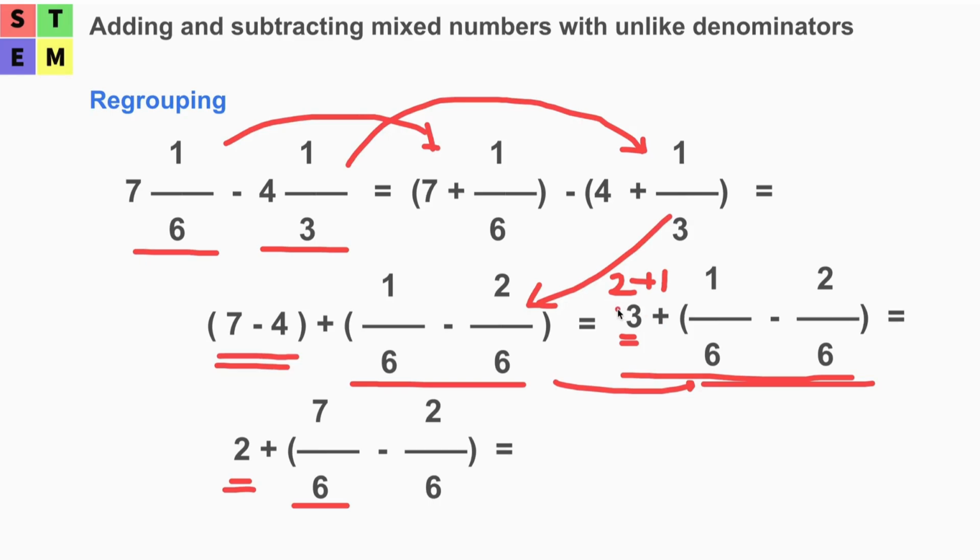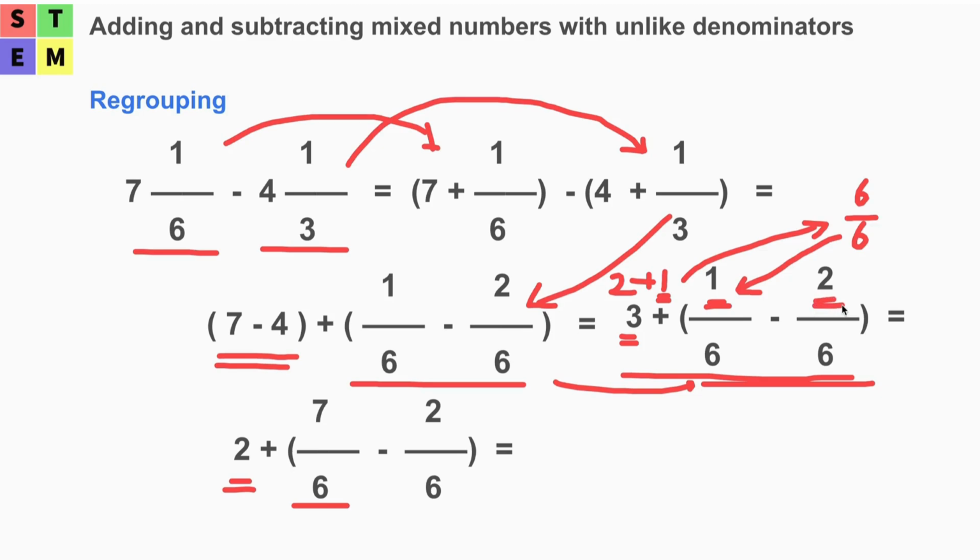Okay, so why do I need 2 plus 1? Because I want to transfer this 1 into 6 over 6, right? Makes sense? So 1 equals 6 over 6, right? And I want to add this 6 over 6 to this 1 over 6, okay? So that the numerator here will be bigger than the numerator here.